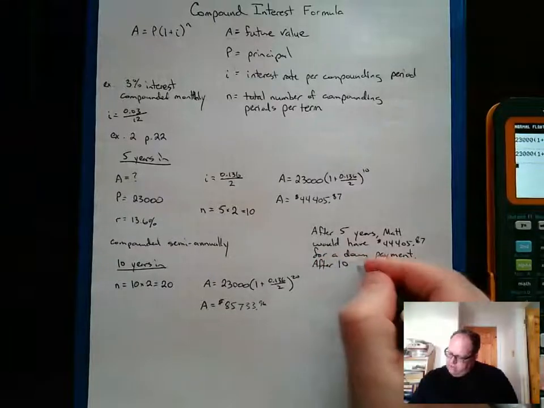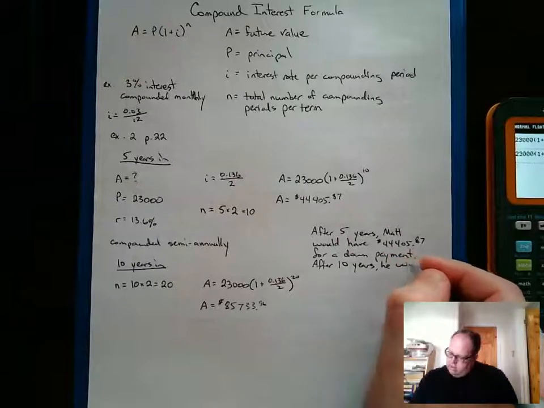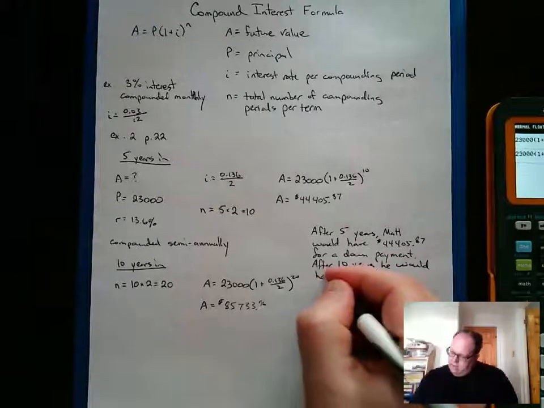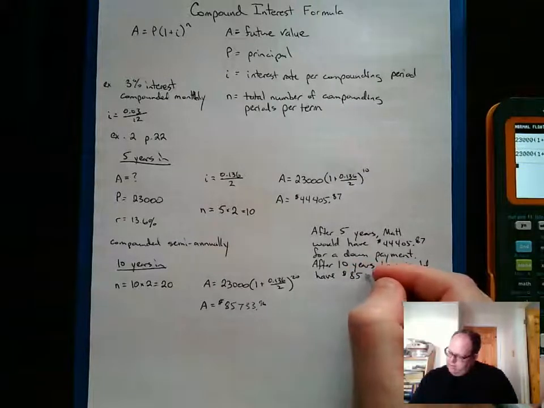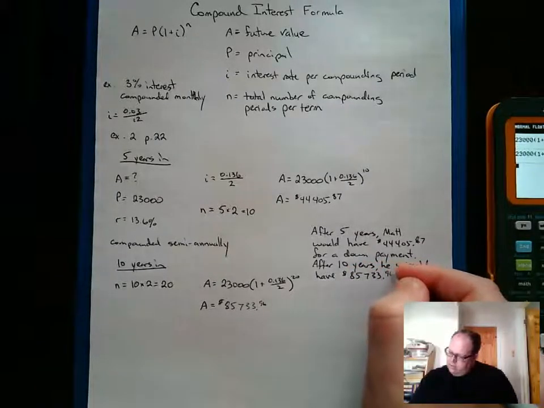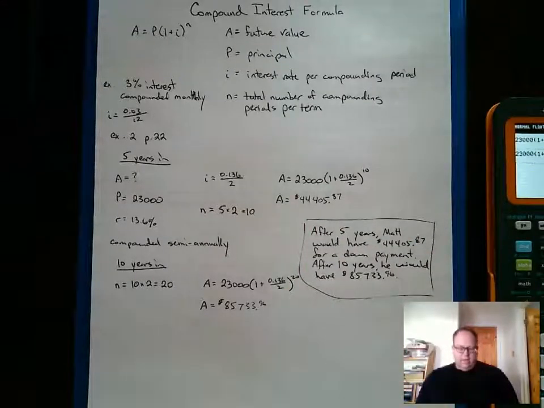After 10 years, he would have $85,733.96. So that is the compound interest formula.